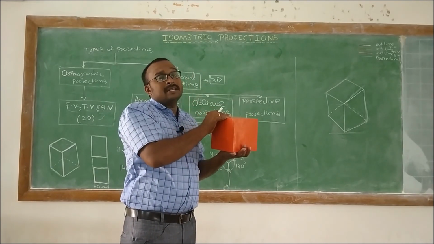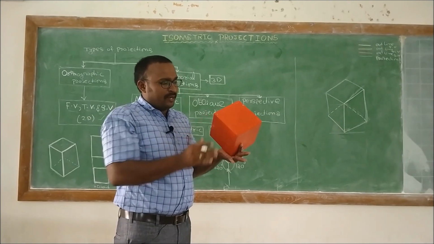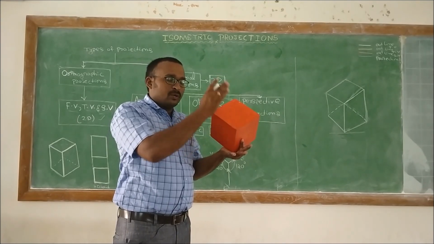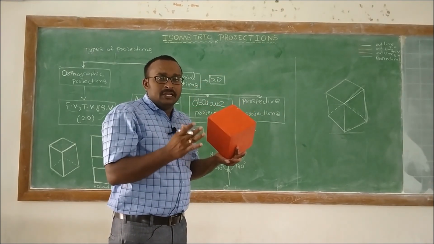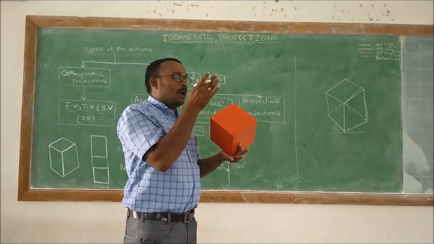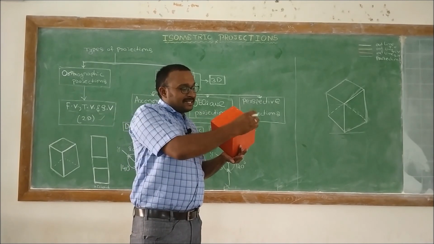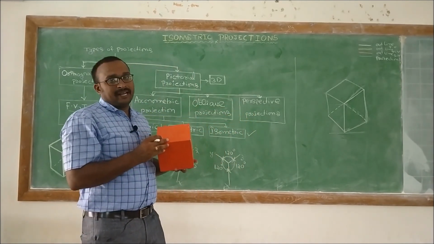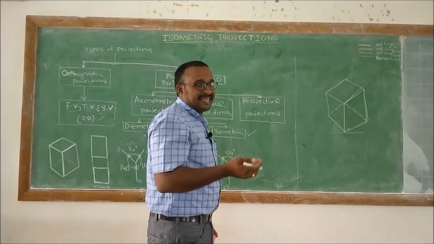Those lengths are known as isometric lengths. Whenever we rotate it, these surfaces are automatically inclined to both HP and VP, so we don't get the true shape of that front view. So these lengths will be the isometric lines, and sometimes we call it the isometric scale lines.